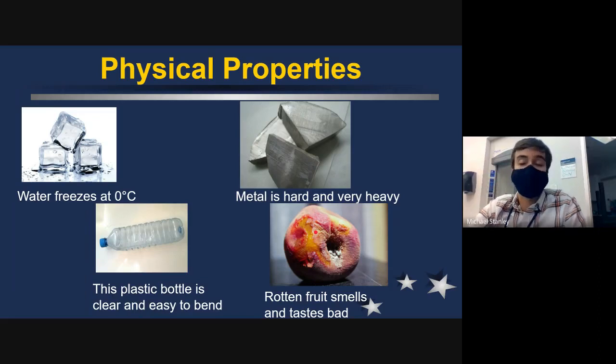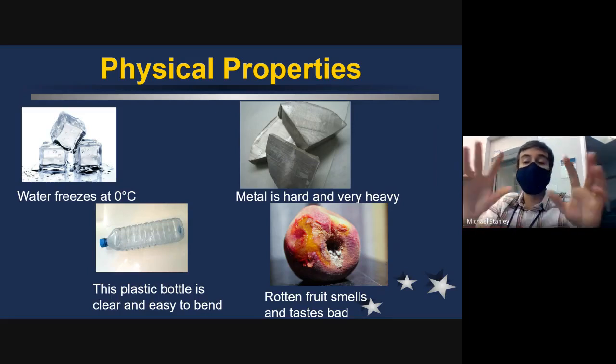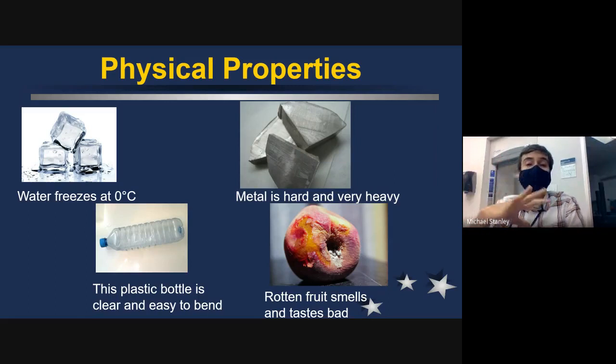And if you somehow managed to not smell it and picked it up and shoved it into your mouth, it probably tastes really bad too. So those are also descriptions. These are also things that you could observe about this fruit. So these are physical properties of this rotten fruit: it's very smelly and it tastes really gross. So physical properties are all about descriptions. They're all about different ways that we can describe the characteristics of these things.